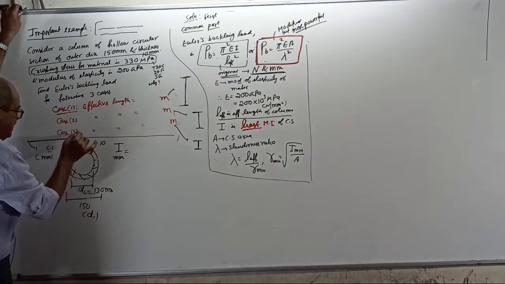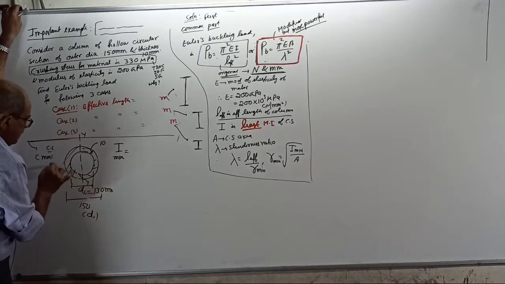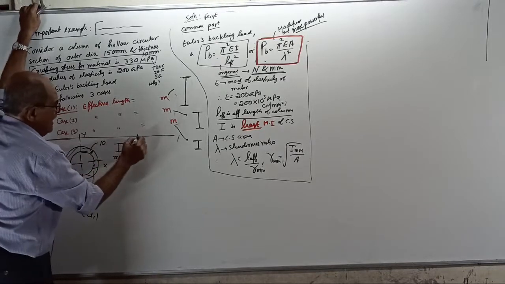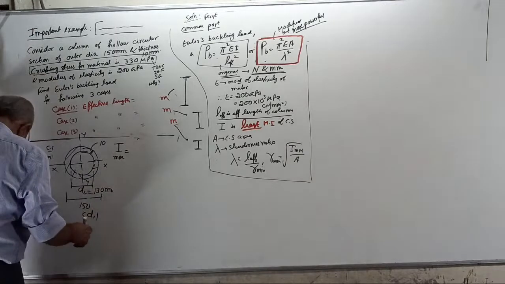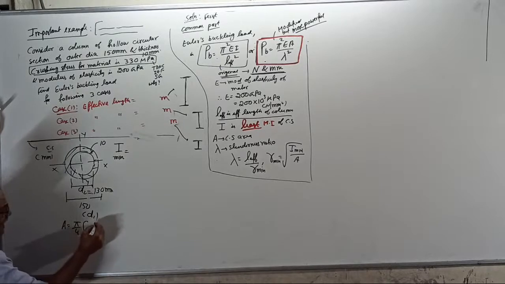If I call this the YY axis, or this the XX axis, no effect. You can make a note here: area equals pi by 4 of outer dia square minus inner dia square.